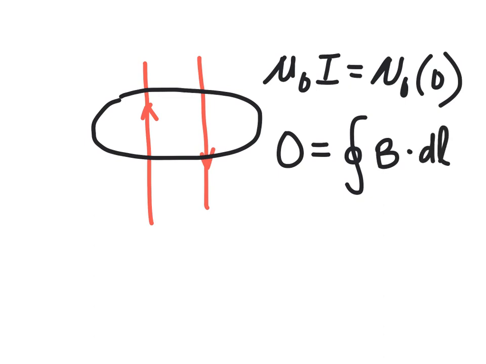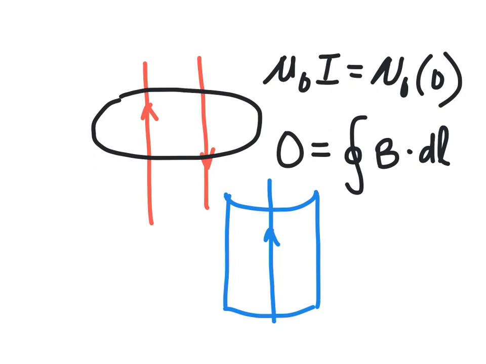Basically what it's saying is the magnetic field is 0 on the outside of those two wires. And this is what a coaxial cable often is made of. It has a current running up the center, let's say, and then the outside cylinder of the wire is also carrying a current in the opposite direction, down.